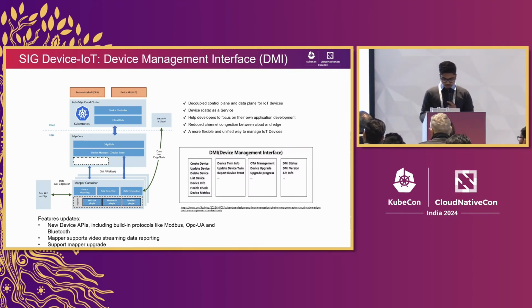We can also perform health checks. And then there is updating the device twin or reporting device events, which is useful for monitoring from the central cloud. And then there are updates like OTA management, and also some advanced features like device virtualization.